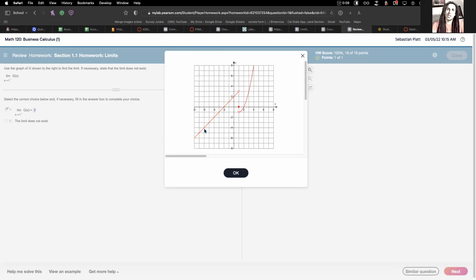And right here, when x is 1 and y is 0, it's just there on its own. And then right here, at x equals 1 and y equals negative 1, that point comes from the right side. What they want is 1 from the left, and at that point, we have y equals 3. So there's your answer.